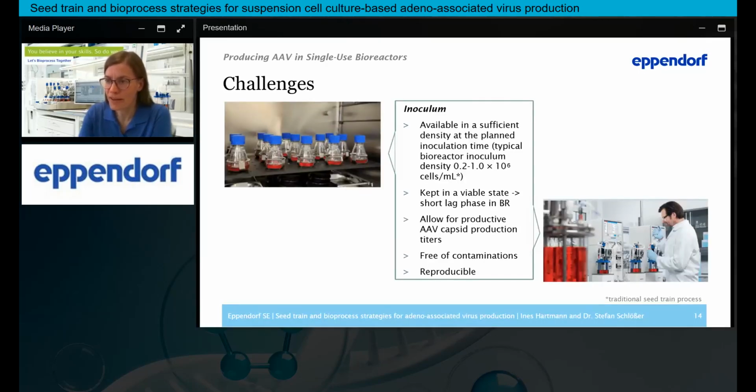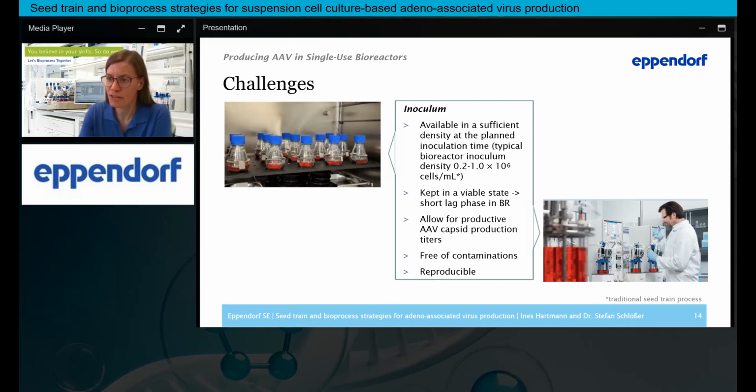The challenges whenever you prepare an inoculum: first, it must be available in a sufficient density at the planned inoculation time. So you have to do proper planning, and a very typical bioreactor inoculum density is 0.2 to 1 million cells per milliliter, talking here about a traditional seed train process, not an intensified one. Also, you need the cells in a viable state to achieve a short lag phase in the bioreactor.